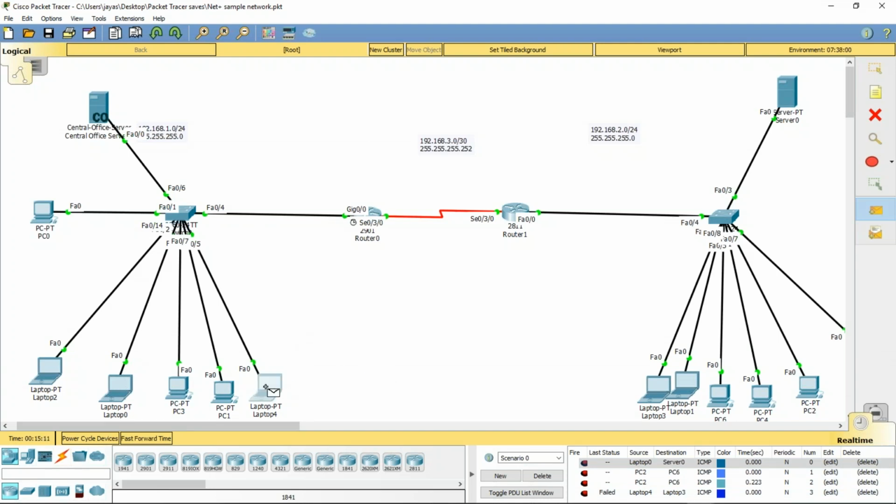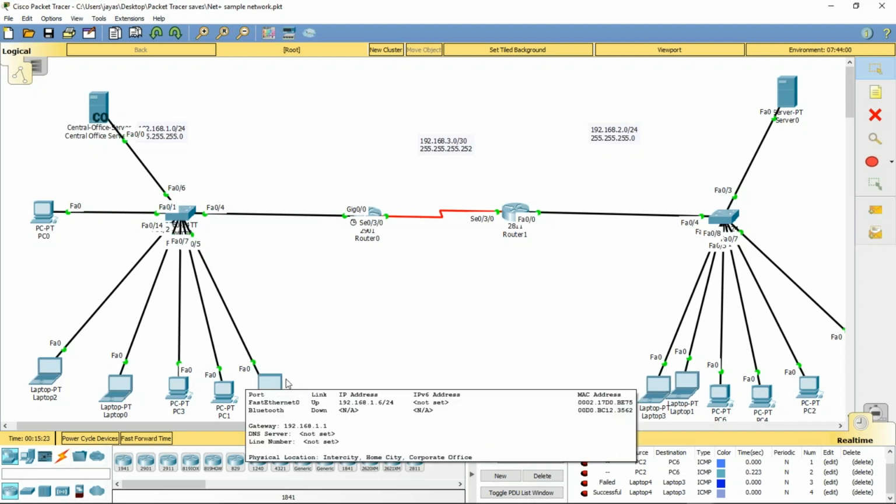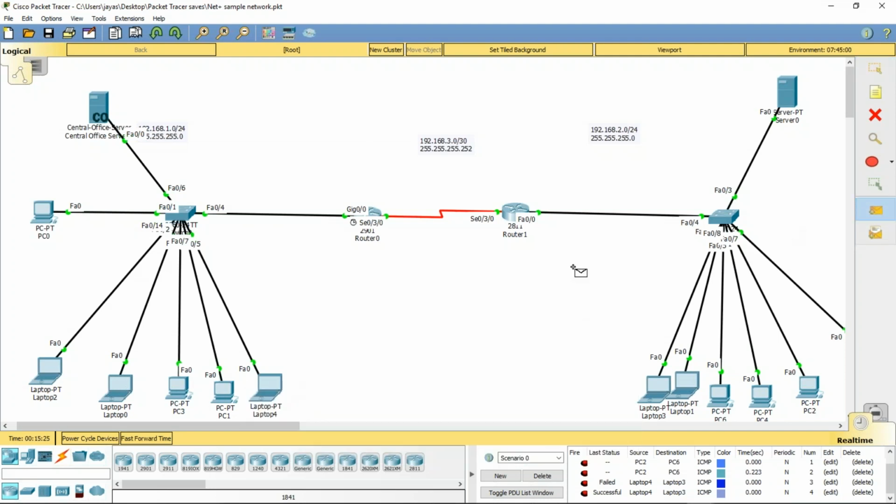Oh, now it worked. I think I just went too fast. Let's try it again and see if it can connect to the server up here. Yeah, it worked. So everything's good.